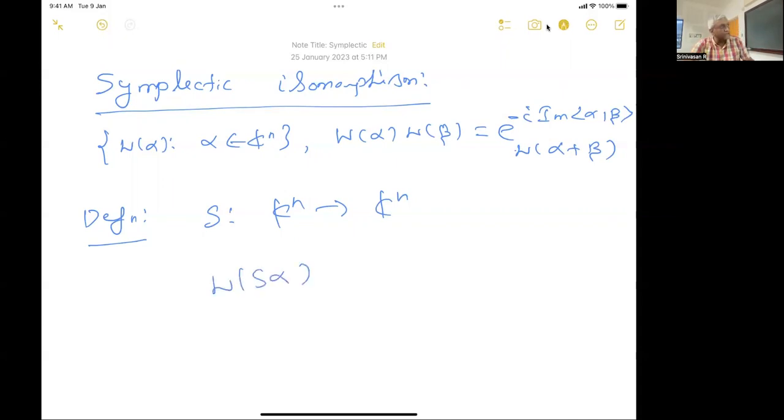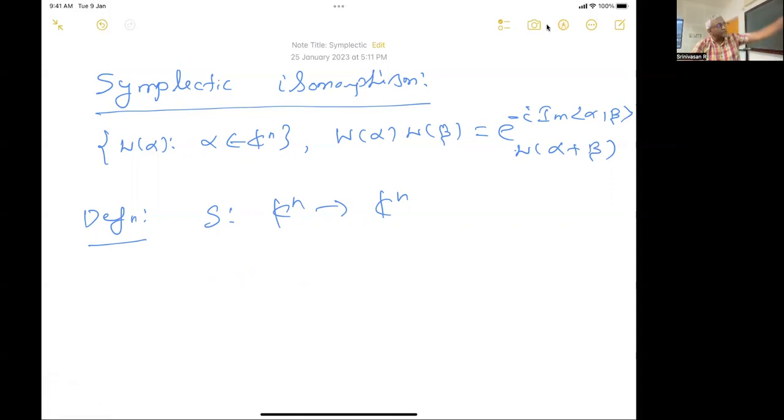That should also satisfy the same Weyl relation. But when it satisfies that the imaginary part is preserved, it will automatically imply that S is real linear. And we want it to be irreducible, so that will imply that S is invertible.